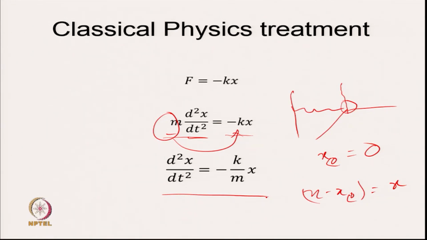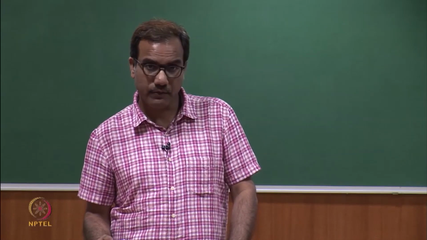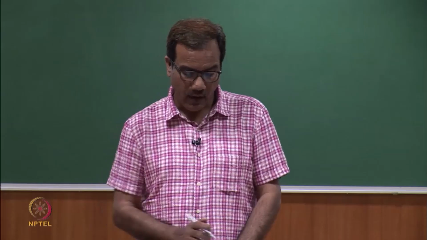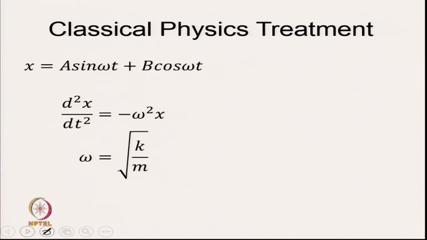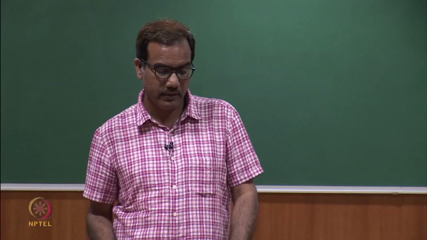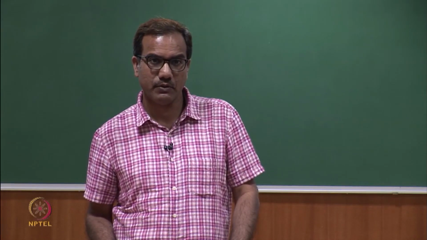Now, if you are able to solve this, you can get your frequency of vibration or energy of vibration. So, again we will go for a classical physics treatment. The solution of that differential equation is x is equal to a sin omega t plus b cos omega t.